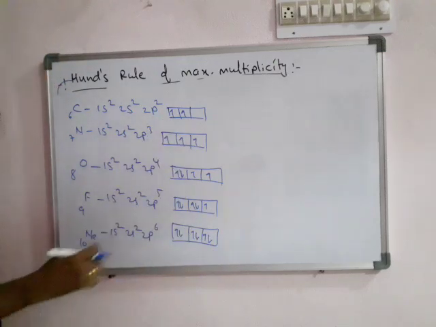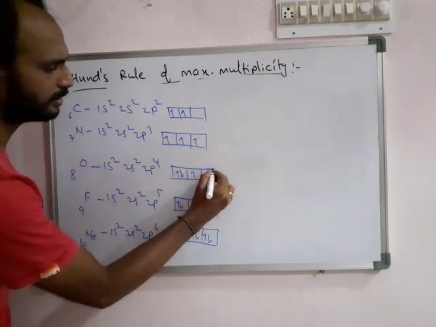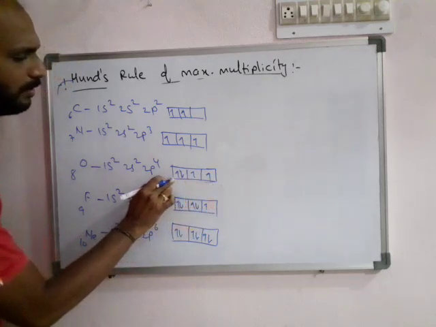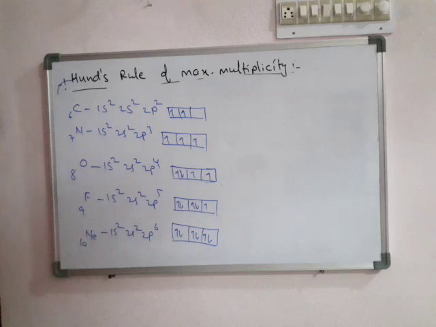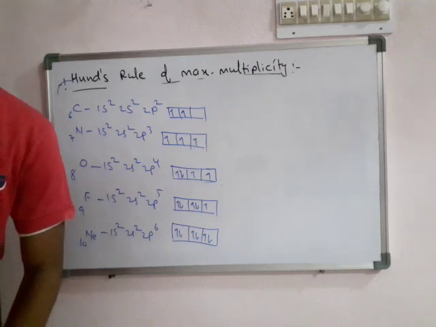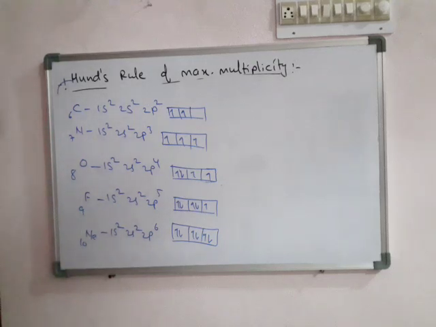So we are writing electron configuration. Already we know well about this electron configuration. But what is the background in this? We are following Hund's rule. Okay. So these are the main rules for it.